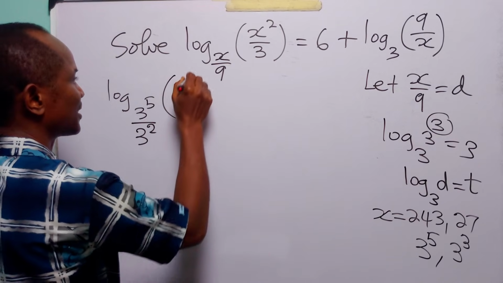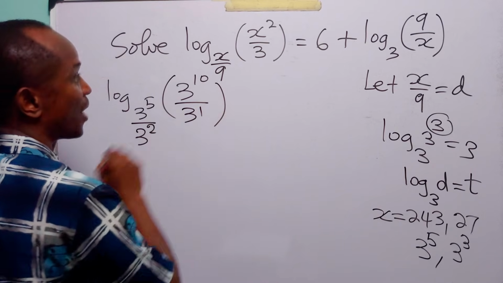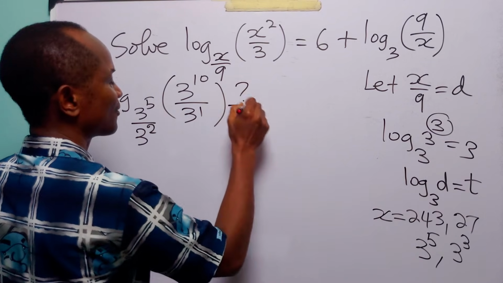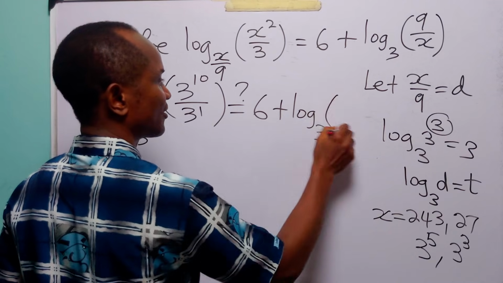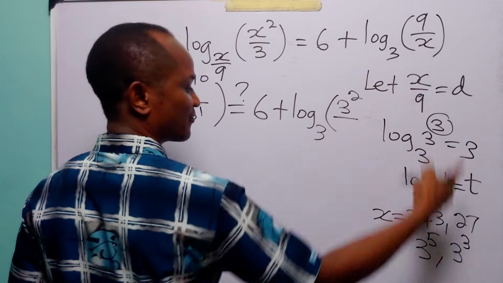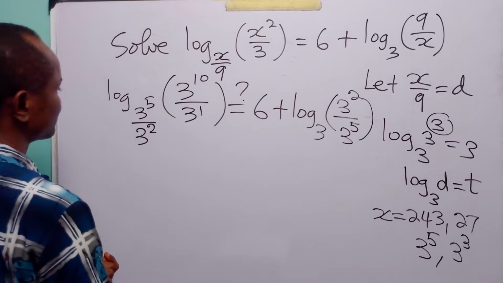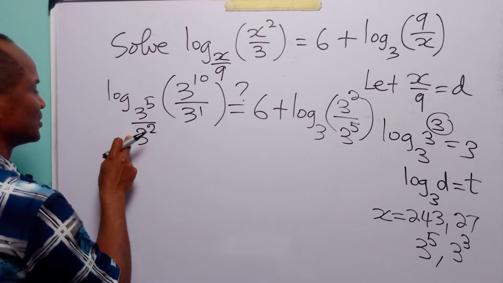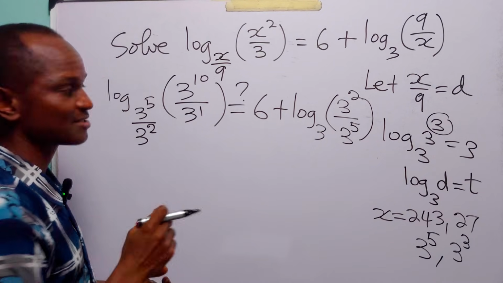So we have 3 to power 10 over 3 to power 1. Now, is this equal to 6 plus log to base 3 of 9, which is 3 squared, and we have x as 3 to the power 5? Remember that when you divide two numbers with the same base, you simply subtract their exponents.